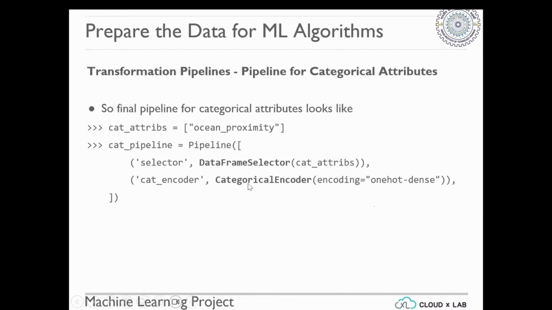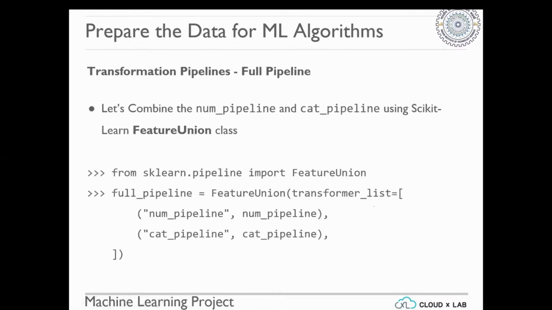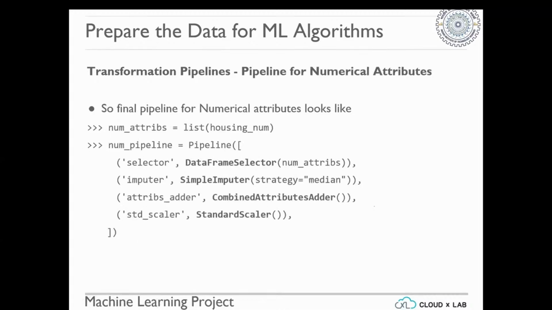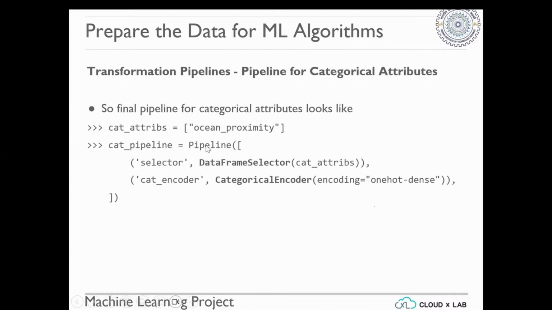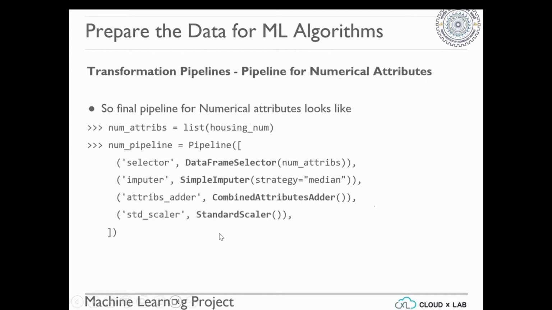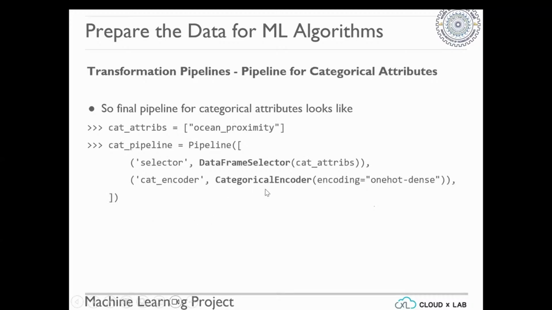Okay. So since ocean proximity is a categorical attribute, we need to first convert this attribute to some numerical representation, and for that we will use OneHotEncoding, right? Now we have two pipelines, one for numerical attributes and the other for the categorical attribute. For numerical attributes we are using feature scaling, but for categorical features we are not, because the ocean proximity attribute does not contain any numerical values.